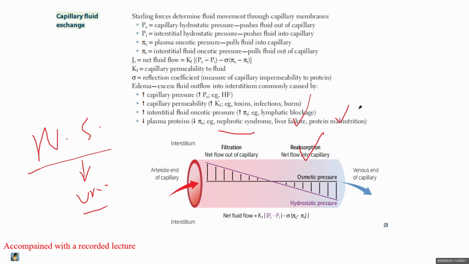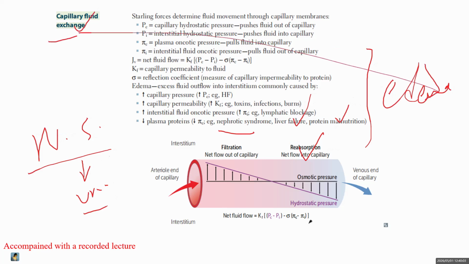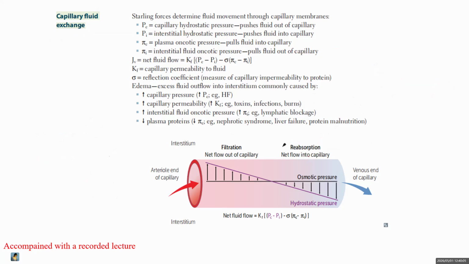So all of these lead to low plasma albumin and therefore low plasma oncotic pressure, and all this collectively leads to edema. Okay, so you are connecting the normal physiology with the pathology. I hope that everything is clear, and this is why we need to understand physiology to understand clinical concepts.